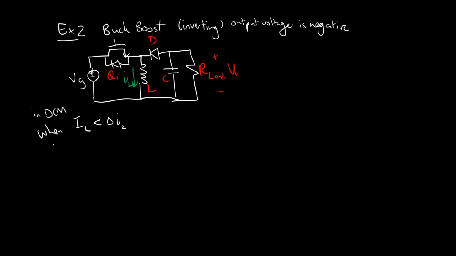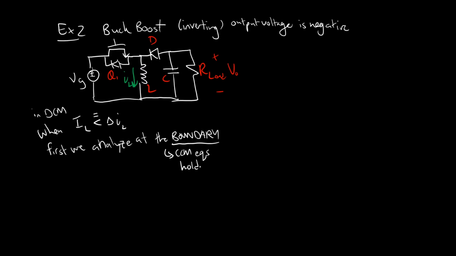So really, first, we analyze at the boundary, right? So really, it's like we're thinking about it when IL is equal to delta IL, and this means that CCM equations hold.